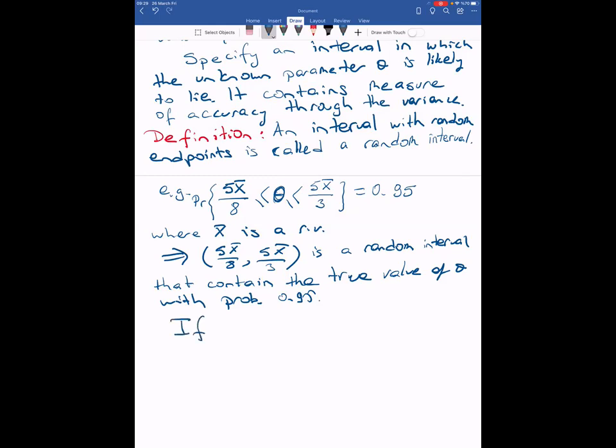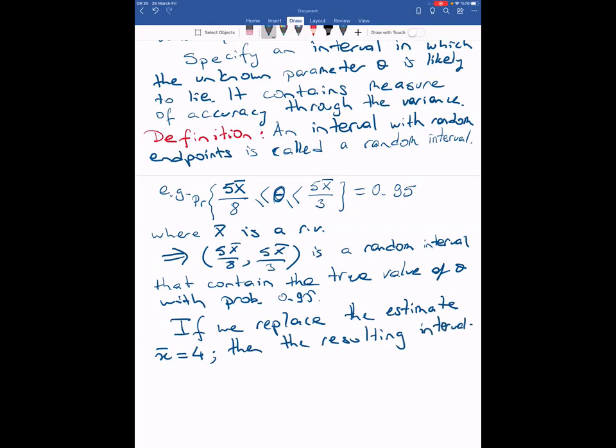If we replace x bar with the lowercase estimate, then the resulting interval will be just numbers like 2.5 and 6.67, a 95% confidence interval.